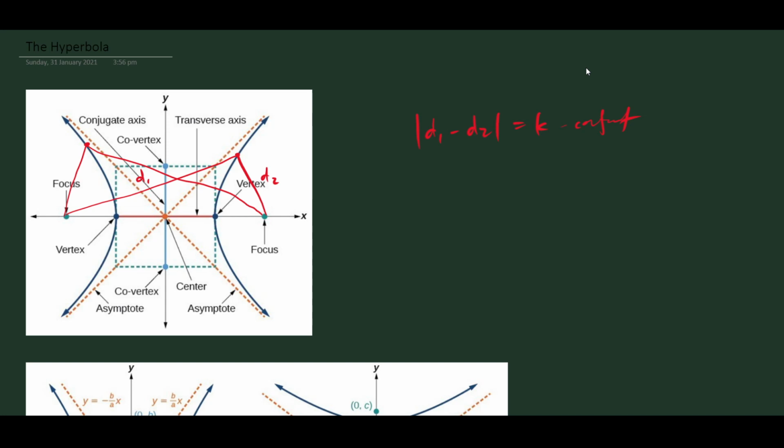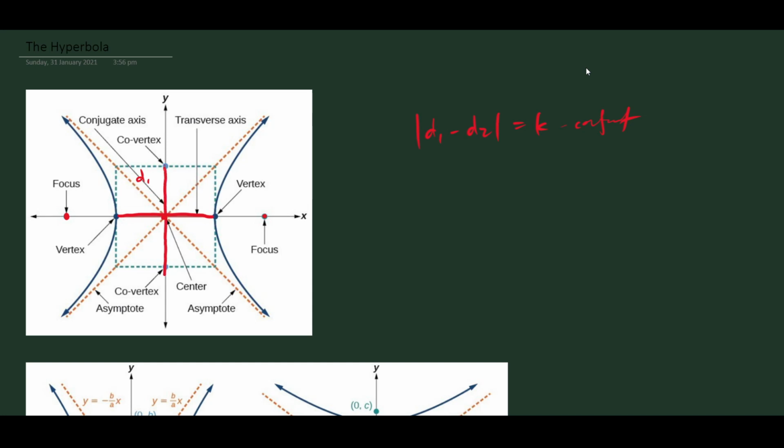Okay. So now let us study the different parts of the hyperbola. So we have here two foci first, and the center, and the hyperbola has two axes of symmetry. So it has a transverse axis, as you can see here, and also a conjugate axis.